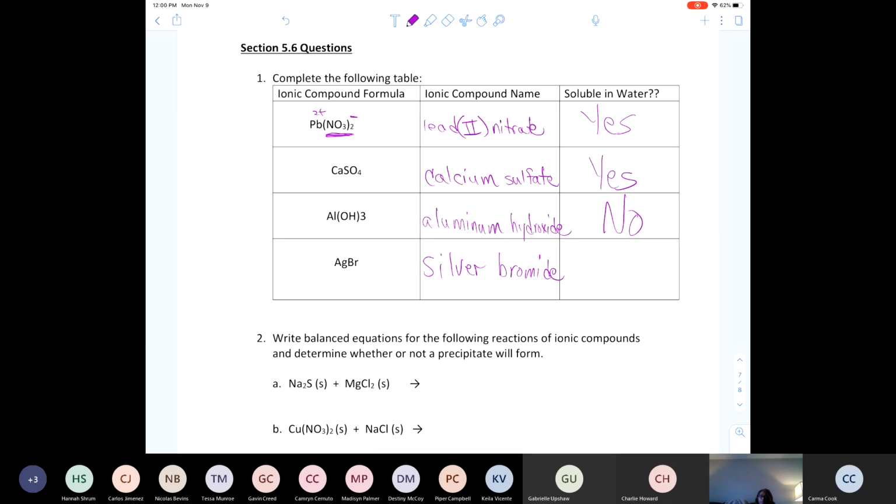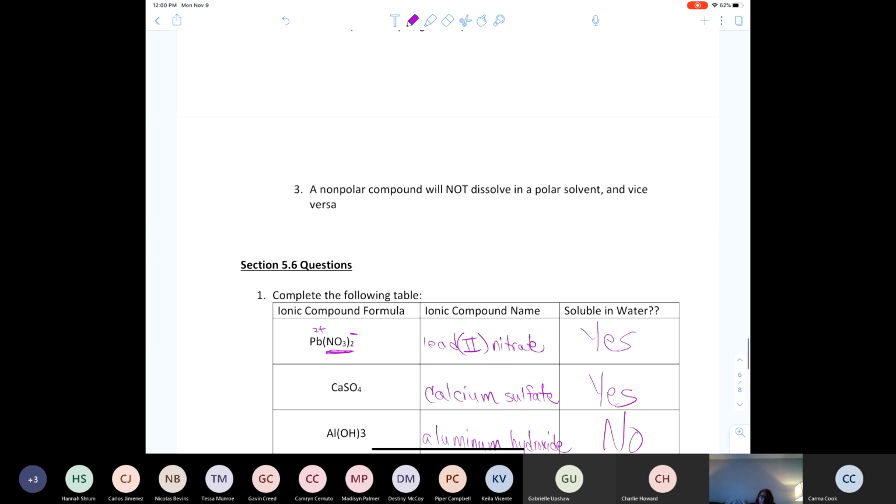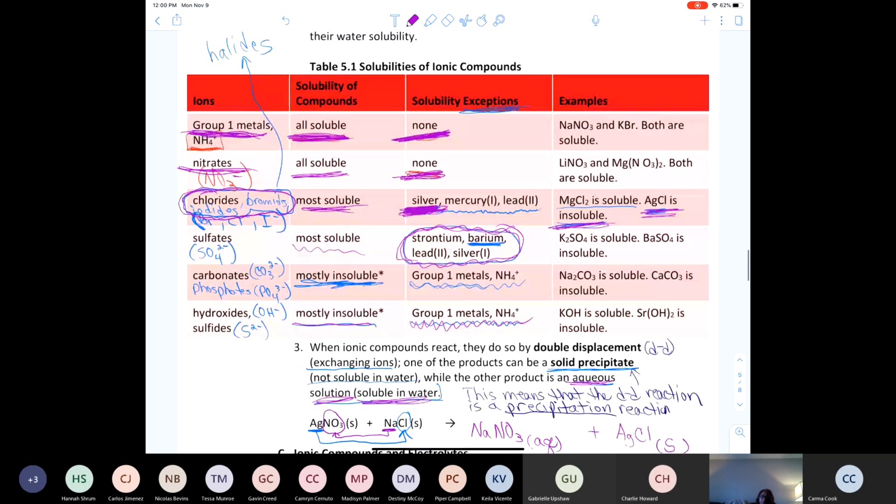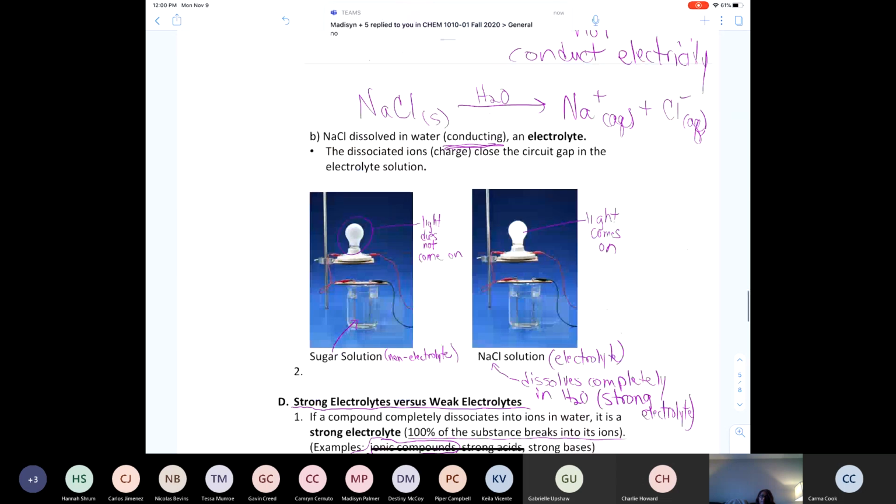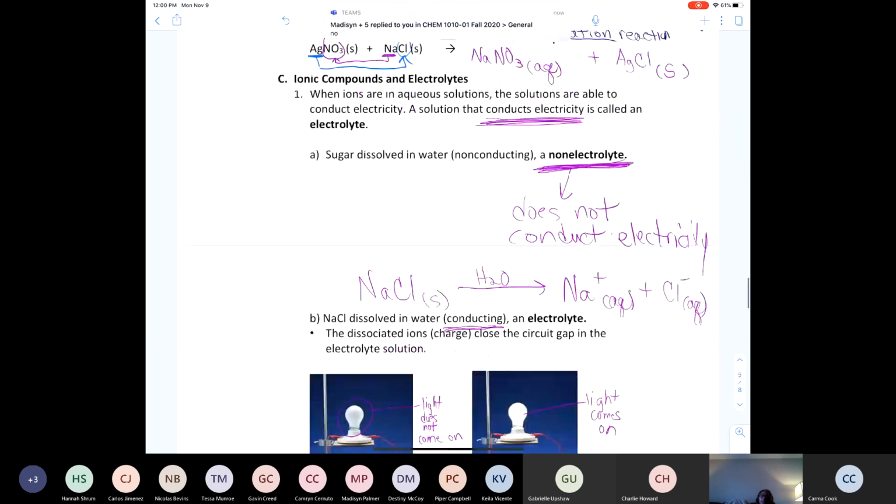Is silver an exception? They're mostly soluble, except with silver, mercury, or lead. So is it soluble or not soluble? Very good, Madison, not soluble.